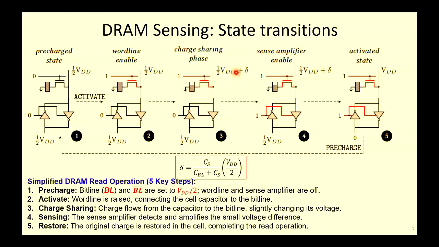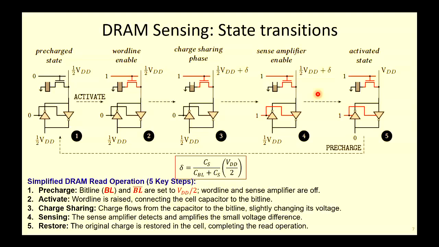Now, if the bit line voltage is increased, the sense amplifier will activate. Initially the sense amplifier is 0, meaning it is disabled. Now you enable this sense amplifier in step 4. Sensing will raise the voltage to VDD/2 plus delta on the bit line, and VDD/2 on the bit line bar.